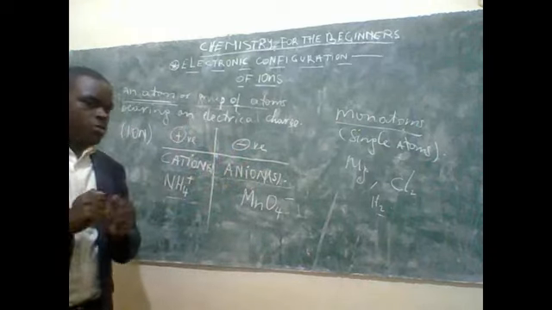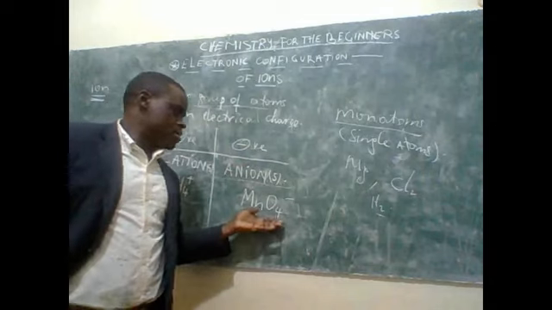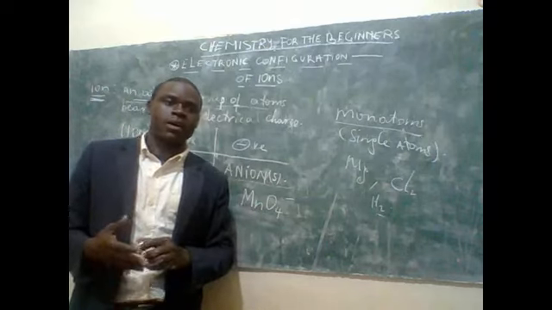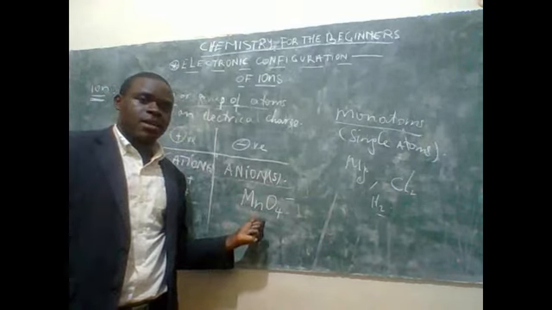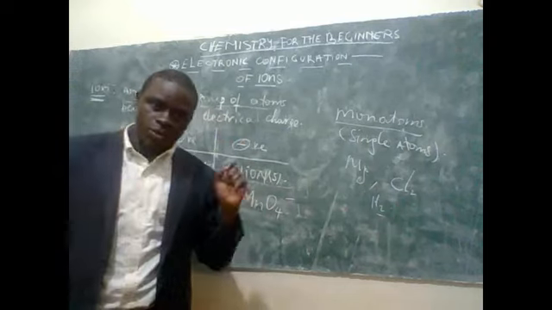I don't know if you are with me now, to know these simple differences and how to identify the type of ion of an atom or of a group of atoms.